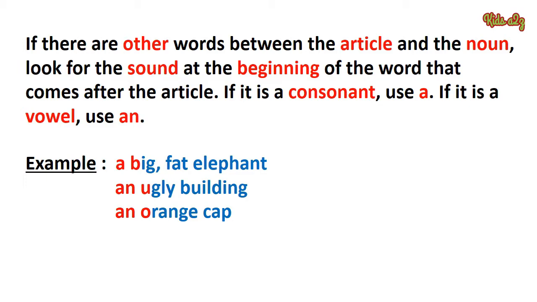Here the noun is elephant, but before that two words are there. One is big and another is fat. So here we need to check the beginning sound of big, and it starts with a consonant sound. So here we will use a, that is a big fat elephant. Similarly, an ugly building, an orange cap.